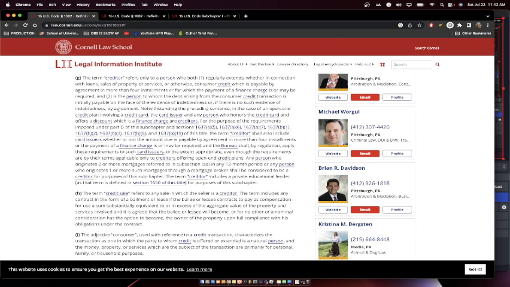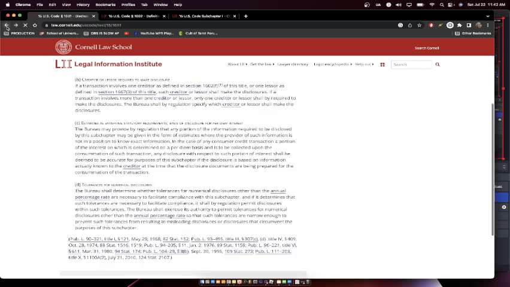And a creditor refers to only a person to whom the debt arising from the consumer credit transaction is initially payable on the face of the evidence of indebtedness or by agreement. Let's go back.